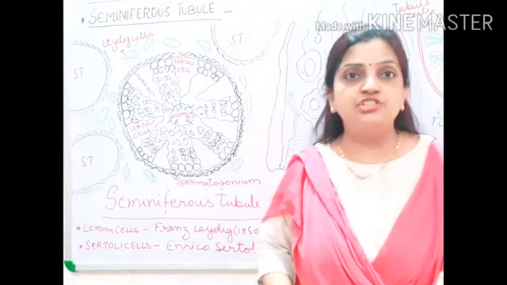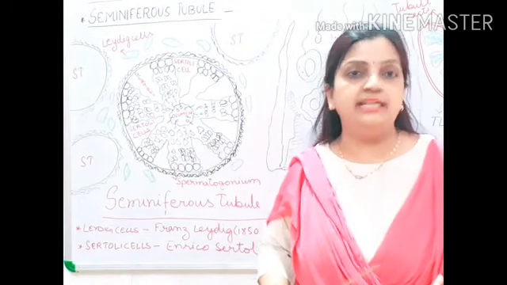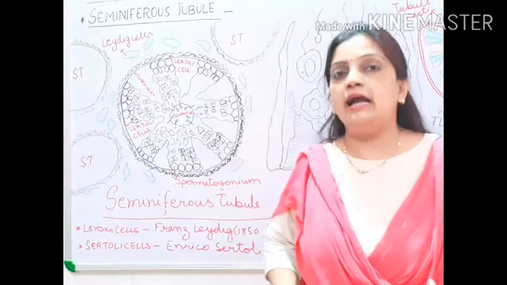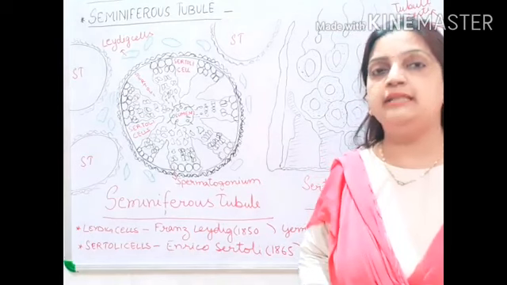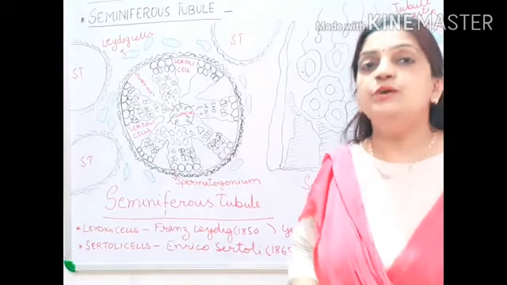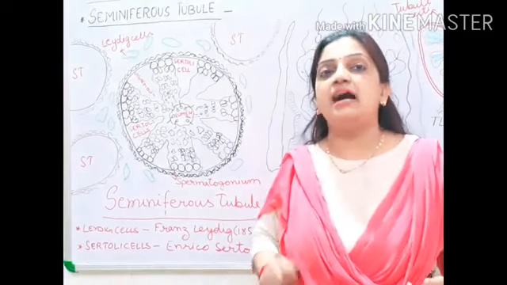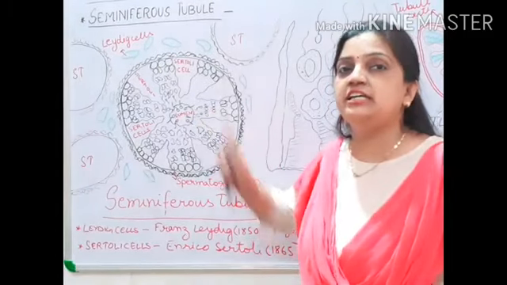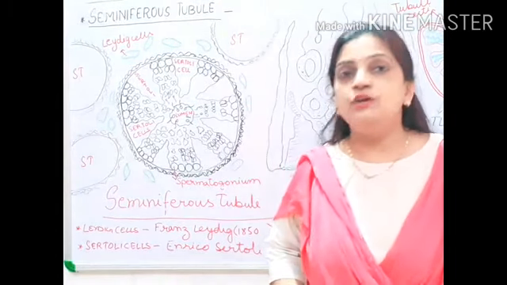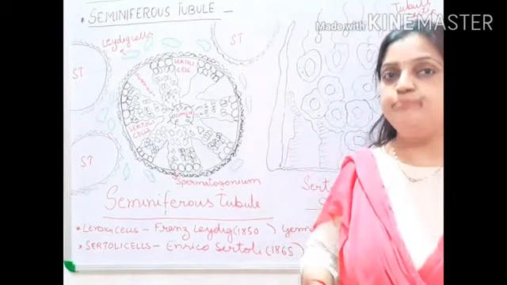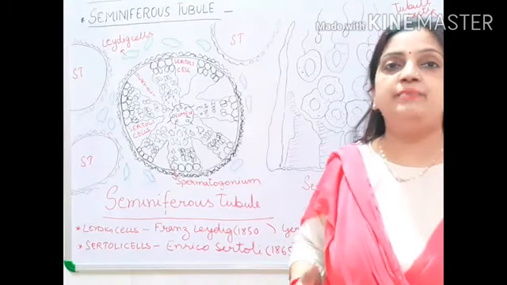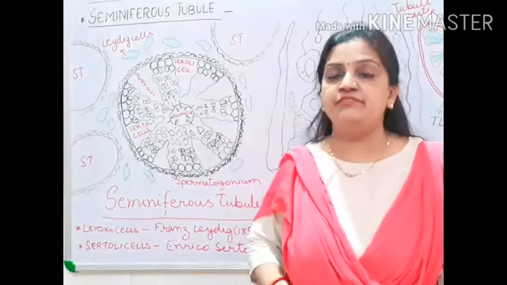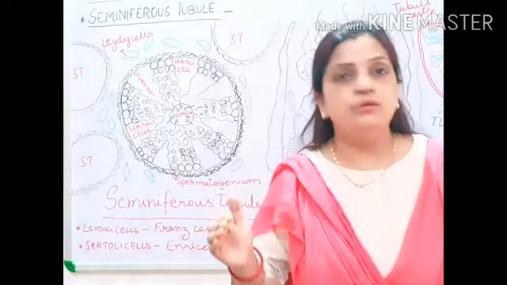ABP, androgen binding protein. So, Sertoli cells are secreting androgen binding protein ABP, which is helping in concentrating the testosterone which is secreted by Leydig cell, so that the development of the sperms can take place inside the seminiferous tubule in the proper way.